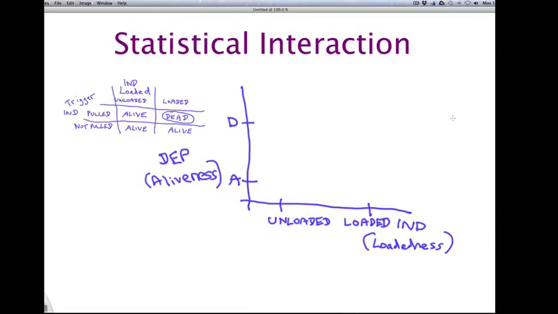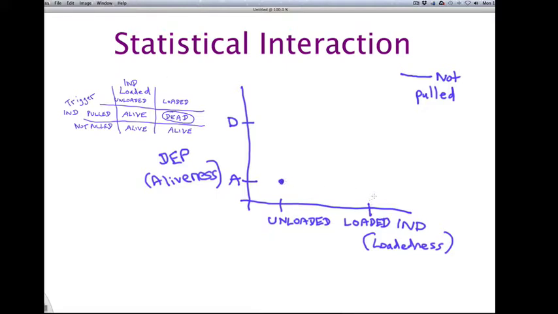So we're going to draw a separate graph or a separate line for each of those states of the second independent variable. So I'm going to start with the not pulled state. So I'm just going to put a key, not pulled. Okay, so when the gun is unloaded, the state of aliveness, if you haven't pulled the trigger, is that you're still alive.